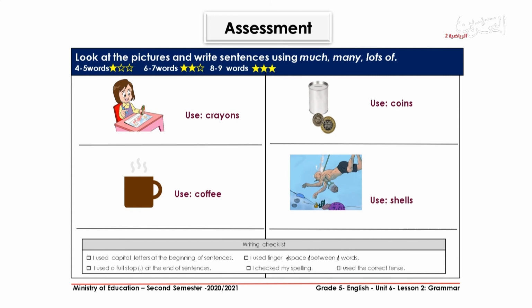Once you finish, you can look at these sentences. You have 2 minutes. Start.